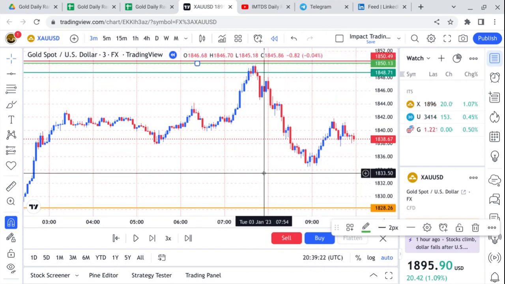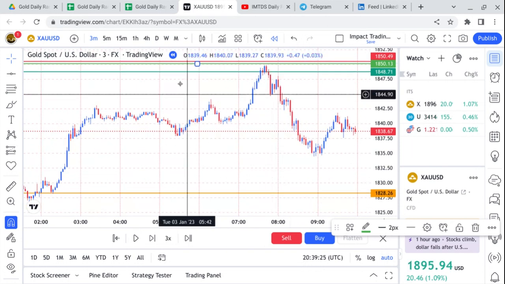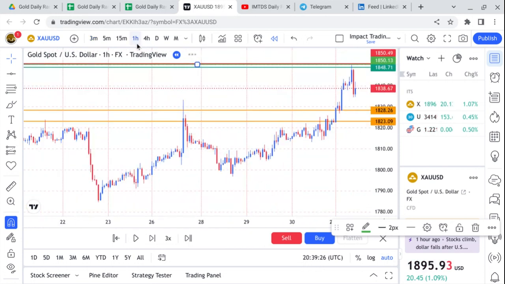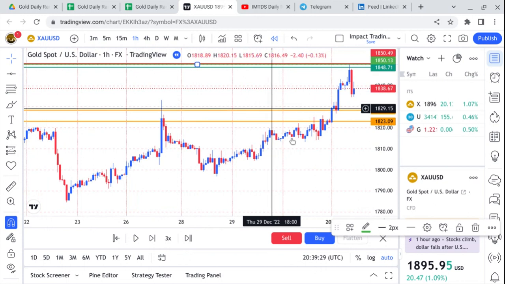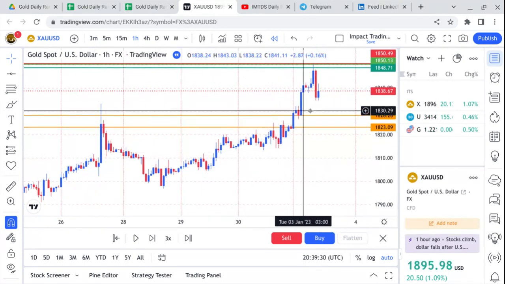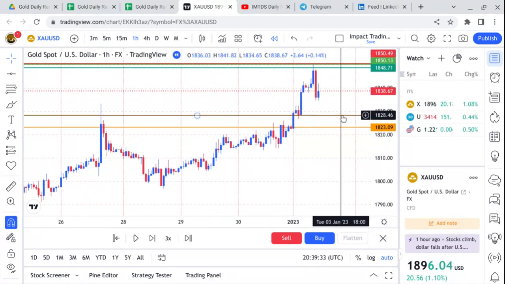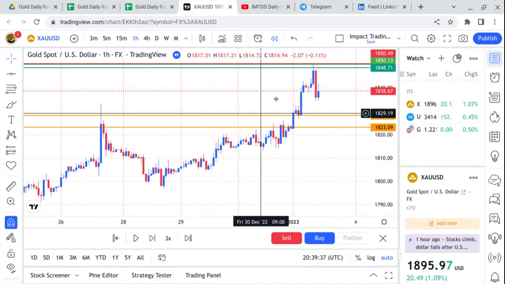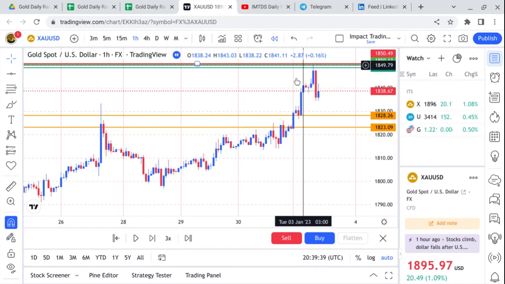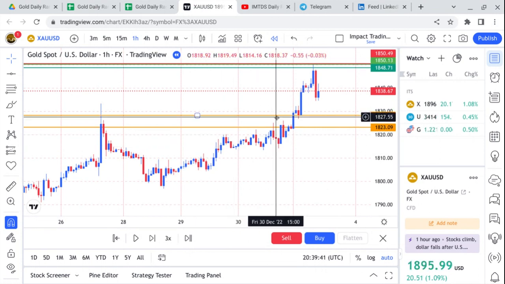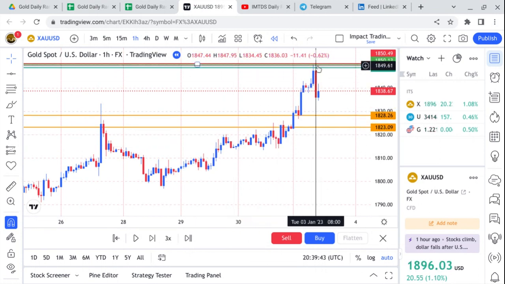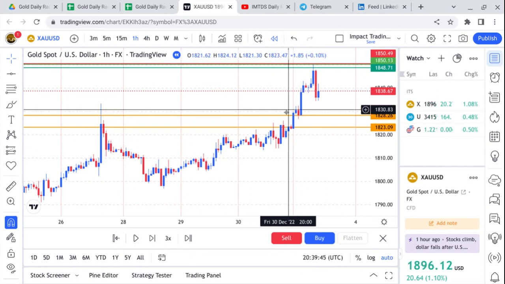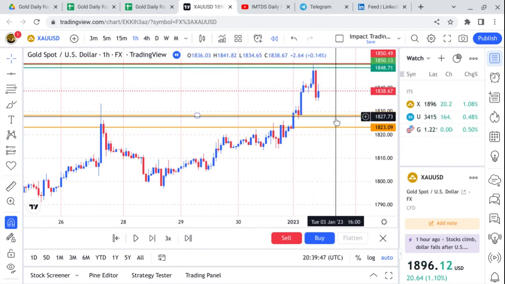Now we do have a buying opportunity in the New York session. We're going to get some buying opportunities because we have areas of support and resistance. Price broke through resistance, and now the resistance has become support.